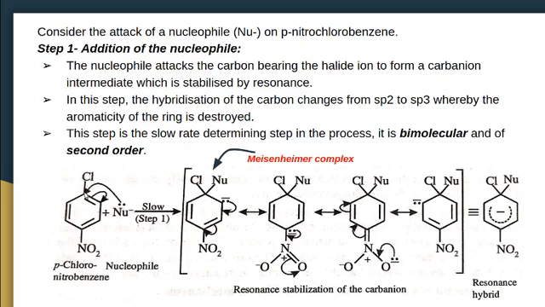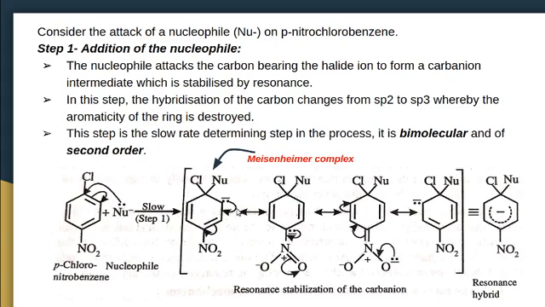The nucleophile attacks the positively charged carbon, and this positive charge gets neutralized by the negative charge of the nucleophile. So the attachment will be like this. Then this carbon gets a negative charge and a carbanion forms, which is stabilized by resonance.